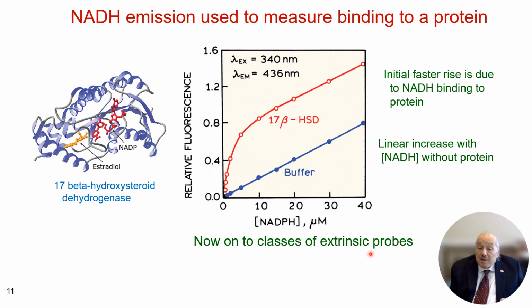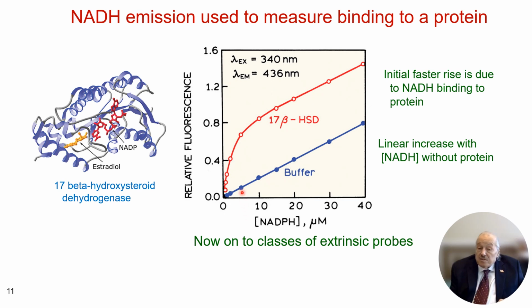So I'd like to explain this experiment to you because it's illustrative of what's been observed. Let's take NADH first, just by itself in solution, and the increase in intensity with NADH concentration is linear. If you have protein in the solution, you find that it's not linear.